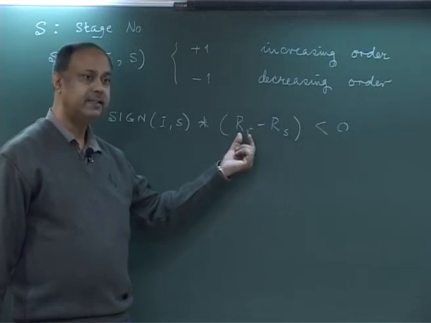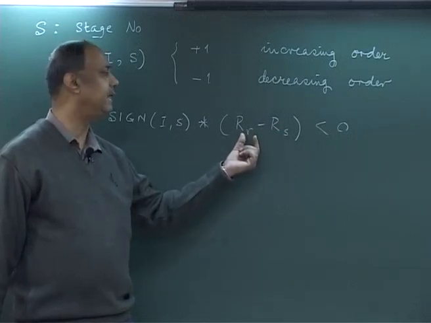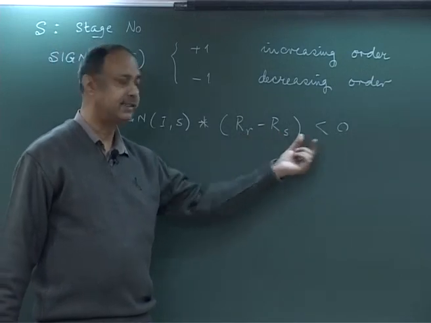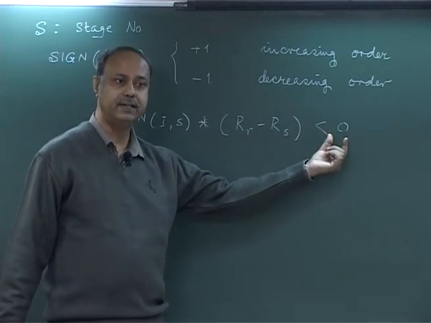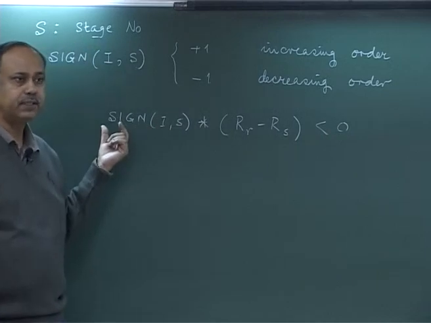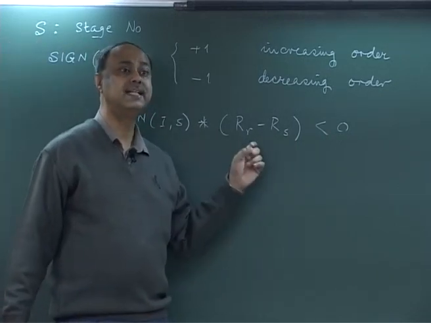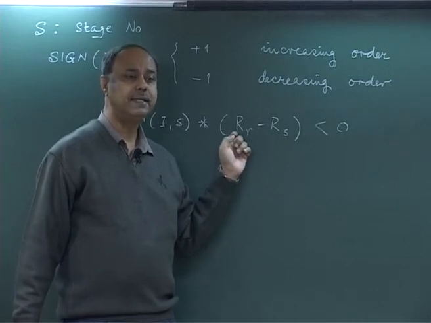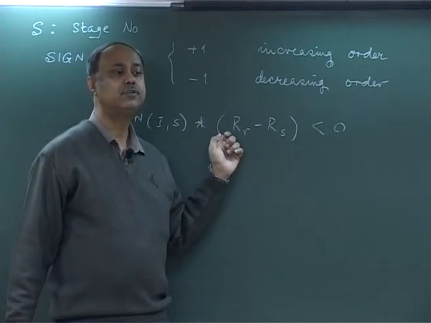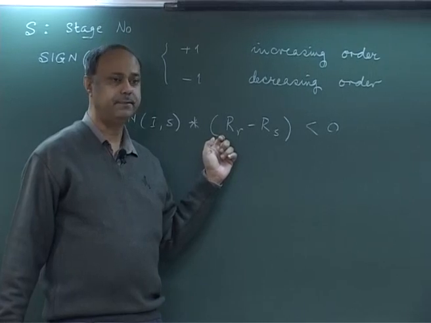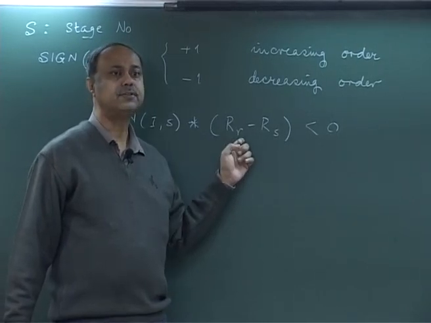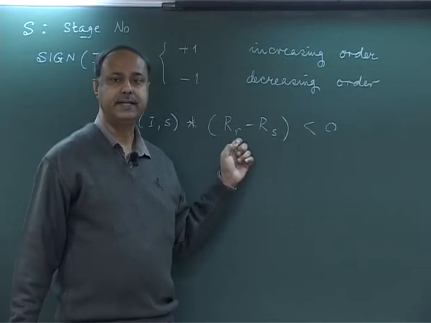Now, if you find RR is less than RS, then only you will get the negative value, because the sign is plus 1. And if you get the negative value, that means RR is less than RS, and that means RR is containing the accepted element and RS contains the rejected element. Yes or no?